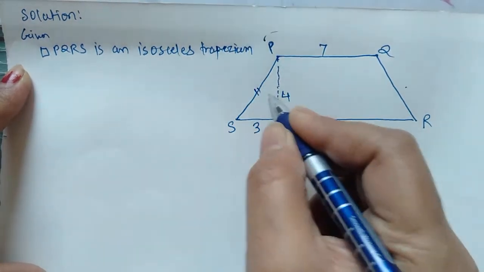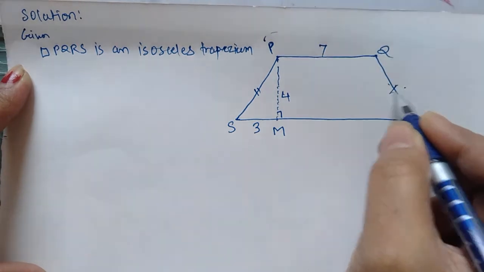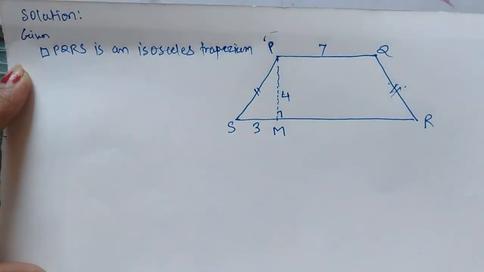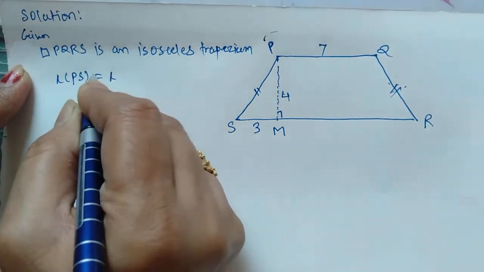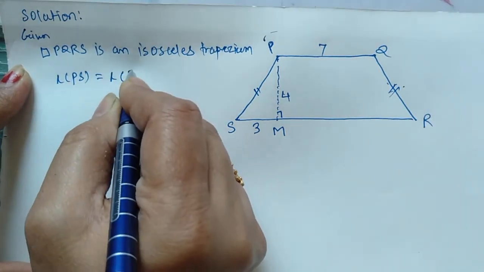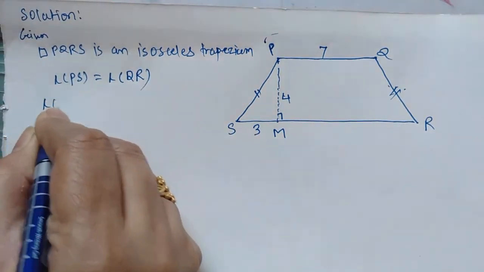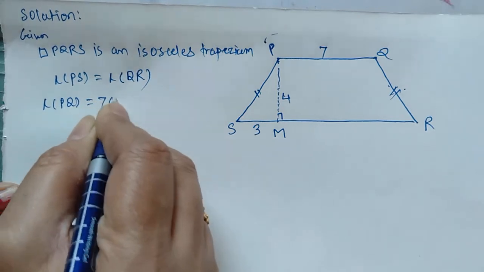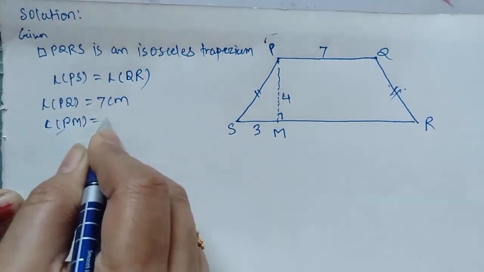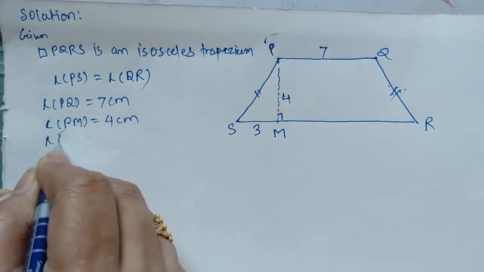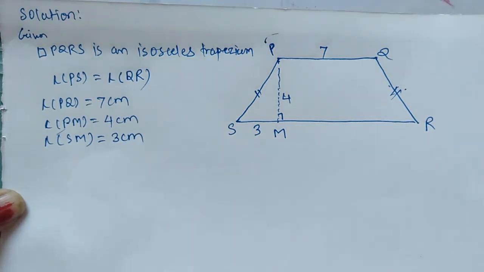So here length of PS is congruent with length of QR. Next given thing is length of PQ is equal to 7 centimeter. Length of PM is equal to 4 centimeter and length of SM is equal to 3 centimeter.